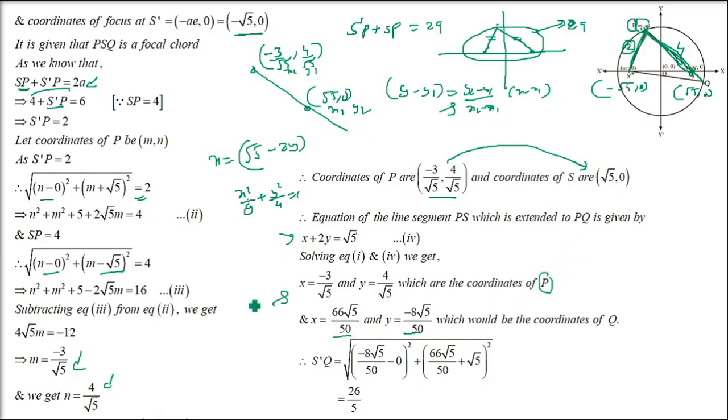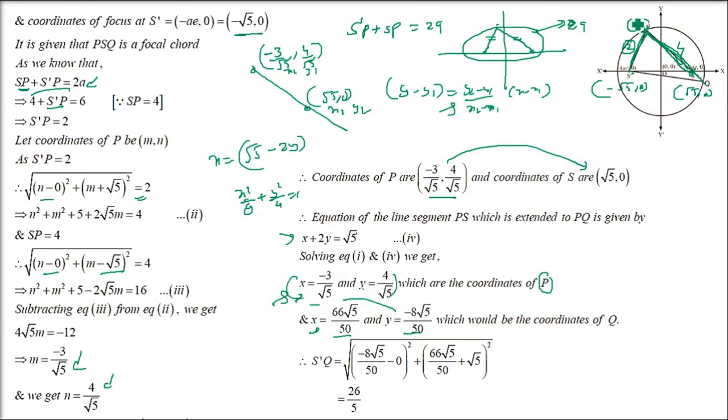P is already known. Q is found by intersection of ellipse with line. So these two points are known. Now take the distance between them. S dash Q distance you have to find out. S dash was what? (Minus root 5, 0).